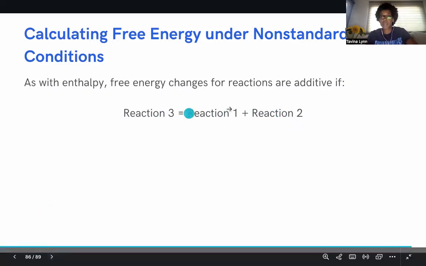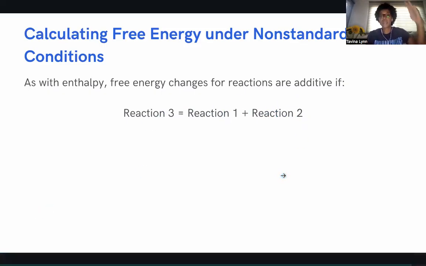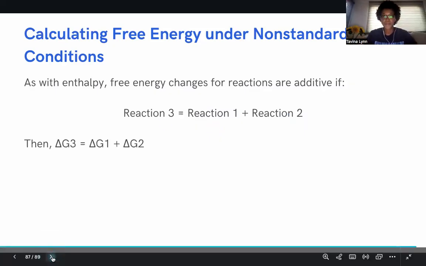This is what we mean by saying the reactions are additive, meaning there are two steps, reaction 1 and reaction 2, that will give us reaction 3. If that is true, then the change in free energy of reaction 3 is equal to the sum of the change in free energy of reactions 1 and 2.